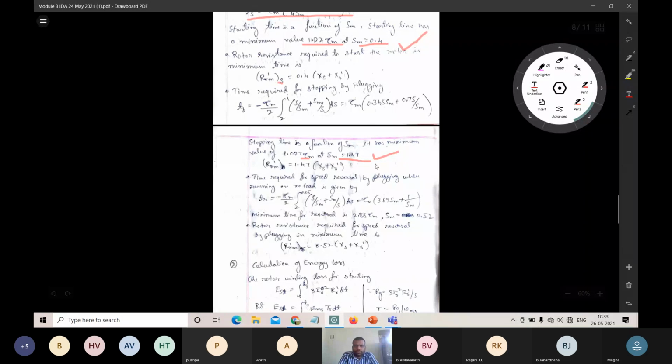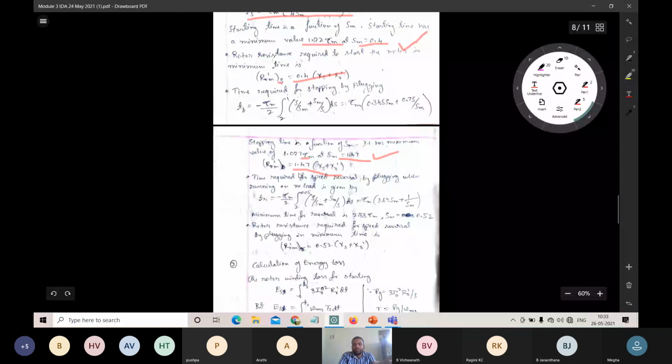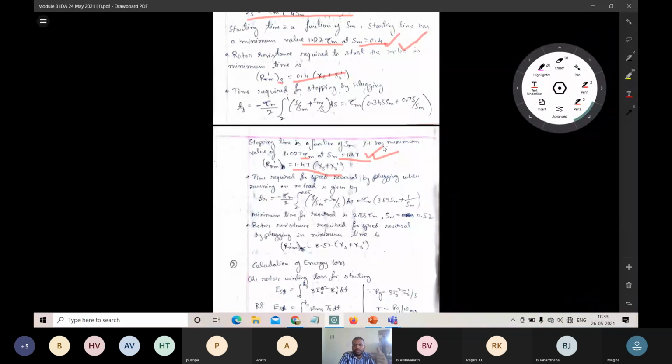So here this is 0.4 times, here 1.47 times. How did we get this 1.47 and 1.4? These are the time constants for some standard slips. Depending upon the different time ranges and speed ranges, we can change the values. Automatically the values will change.